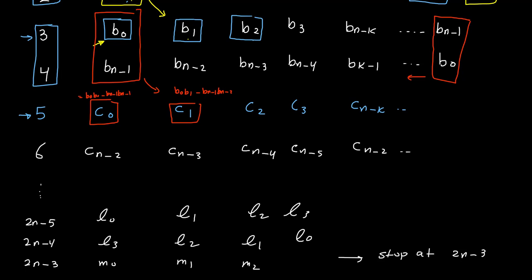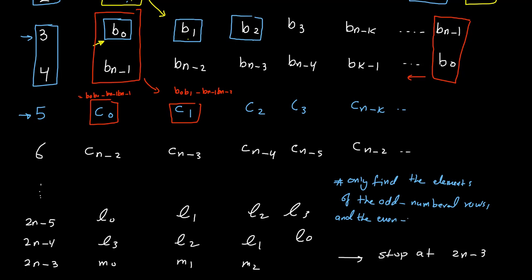And simply here we can add a note that we only need to calculate the elements of the odd numbered lines, and the even ones are reversed in order.